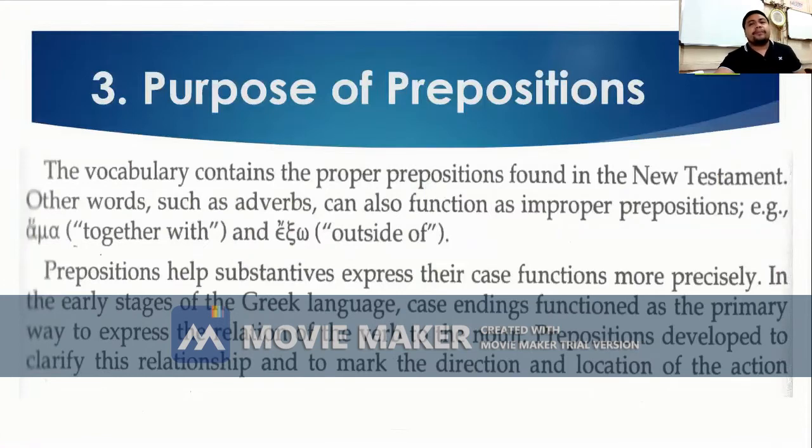Okay, let's proceed to the purpose. What is the very purpose of prepositions? The vocabulary contains the proper prepositions found in the New Testament. Other words such as adverbs can also function as improper prepositions. Example, hama, together with, and exo, outside of. So prepositions help substantives express their case function more precisely.